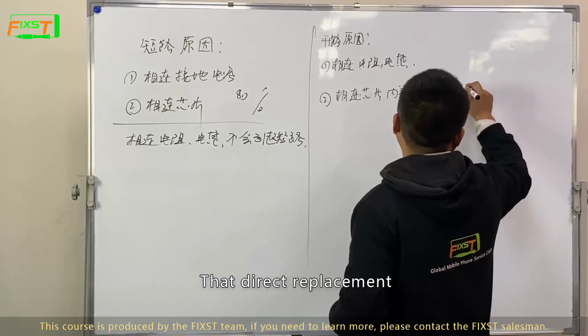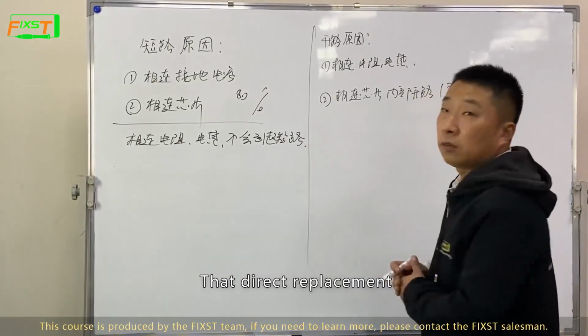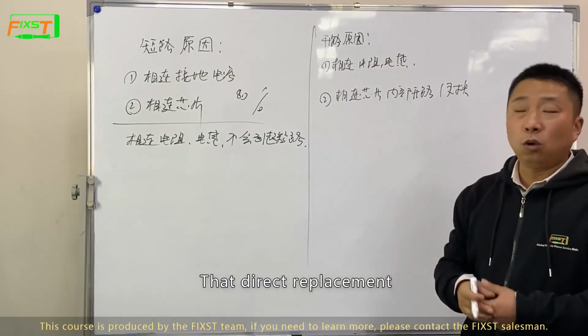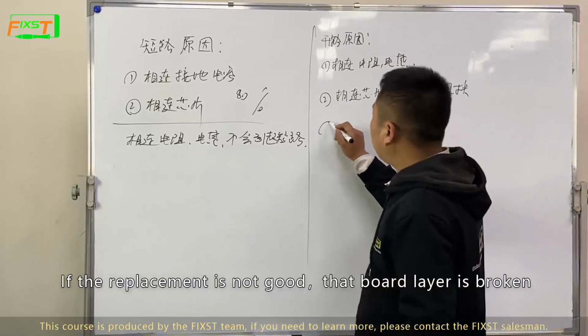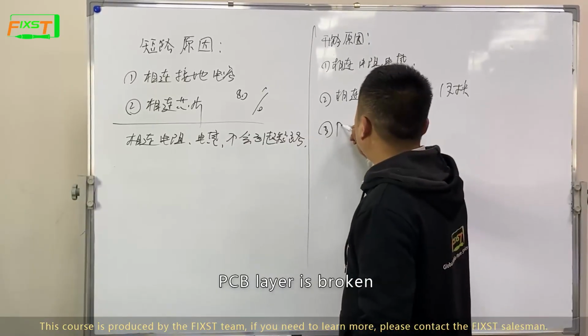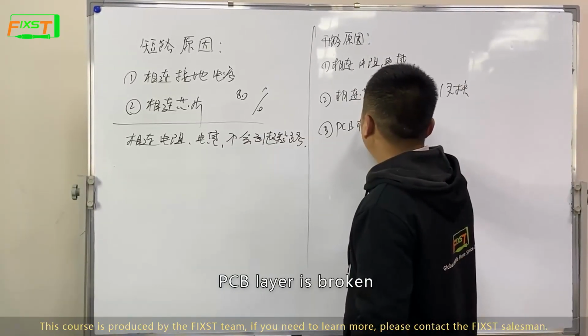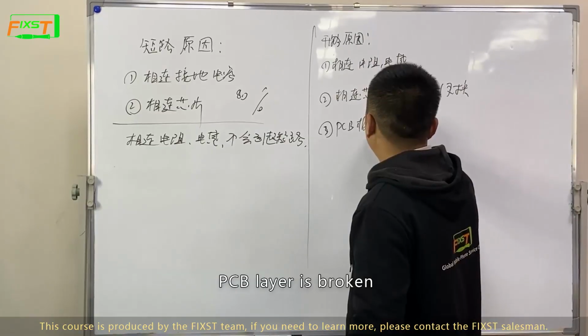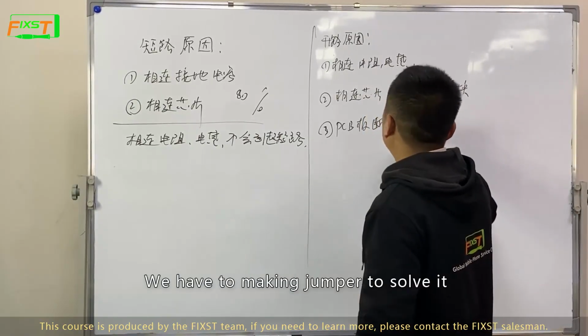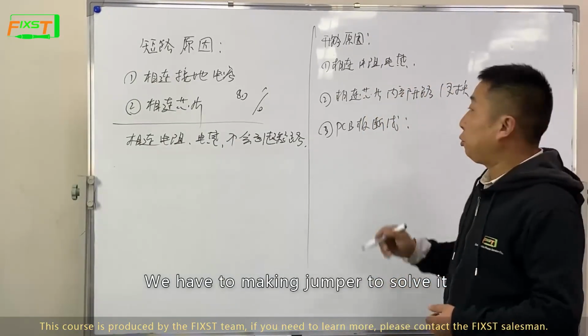Then directly replace it. If the replacement is not good, the board layer is broken. The PCB layer is broken. We have to make a jumper to solve it.